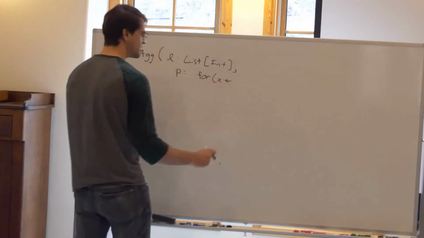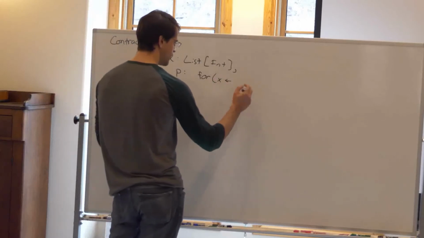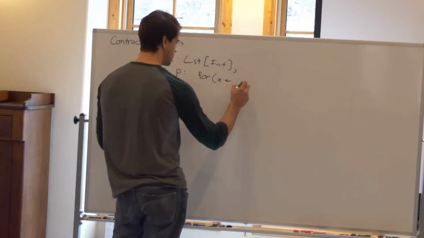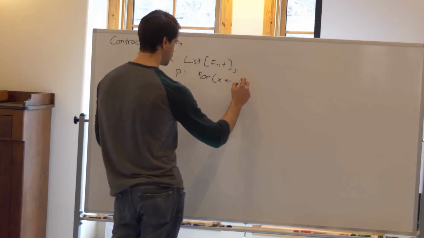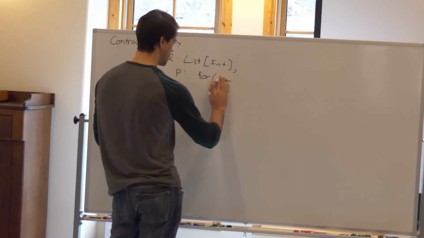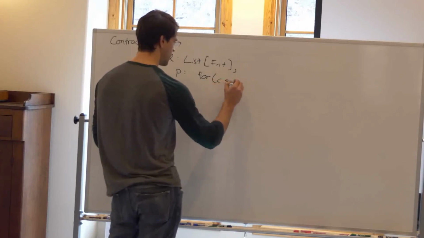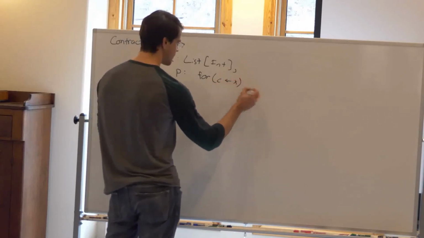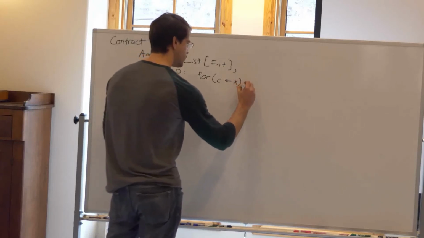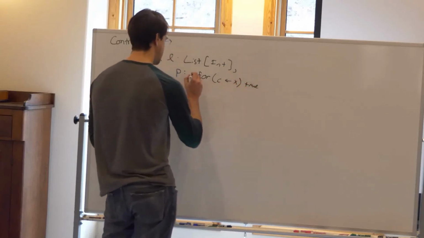We should call it X. For X in. Well, how about call it C for collection? And we use X for the source, and you have to pass in the source. Oh yes, that's right. That's what it was. That was the subtlety here.